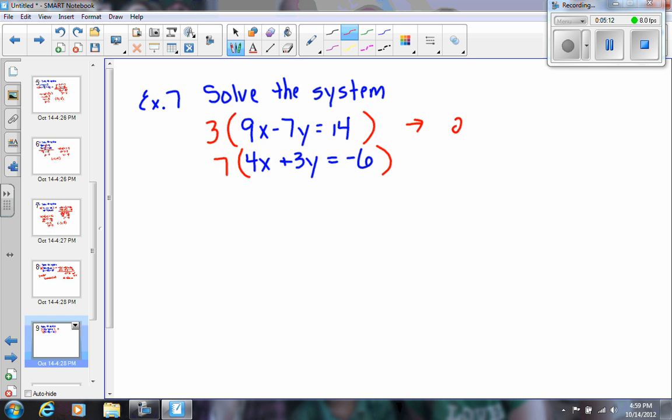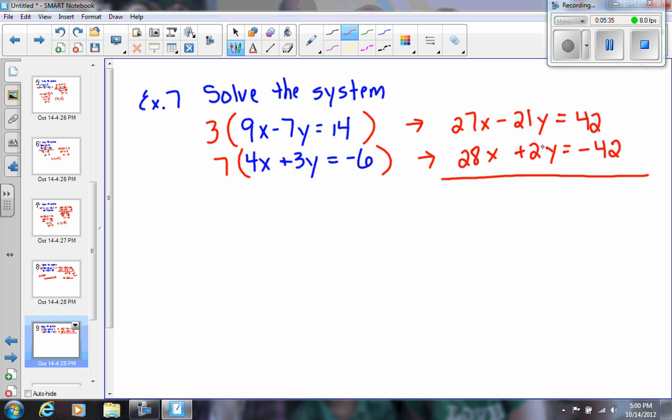So this becomes 27x minus 21y equals 14 times 3 is 42. And this one becomes 28x plus 21y equals negative 42. So now when I combine the two, oops, I forgot my one.